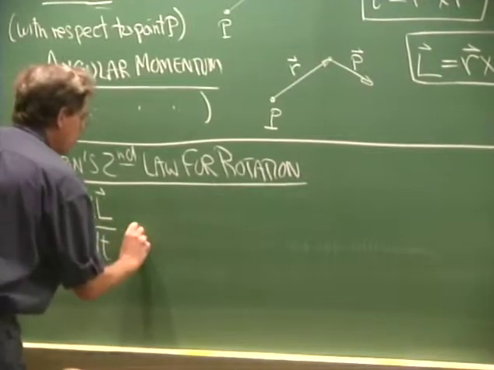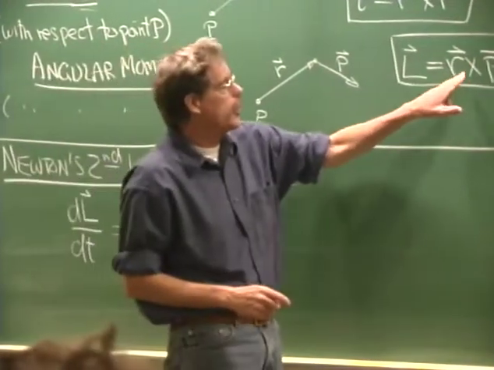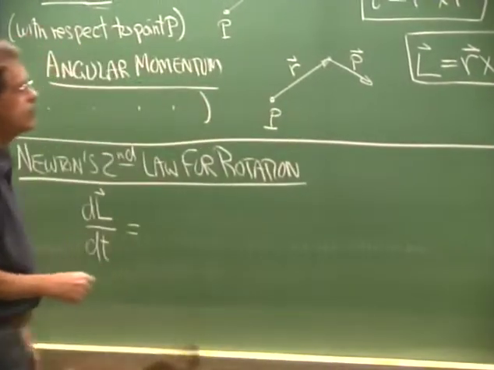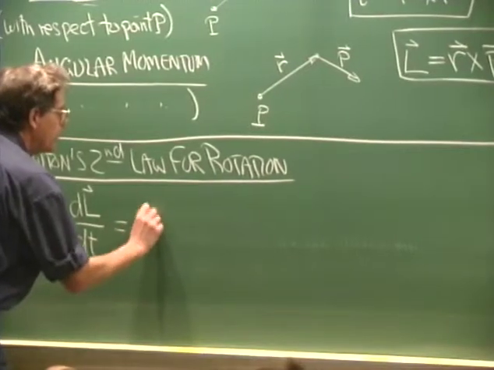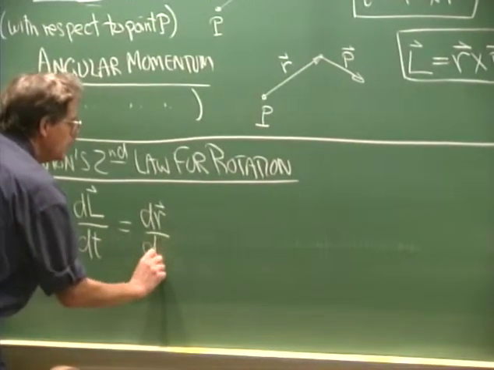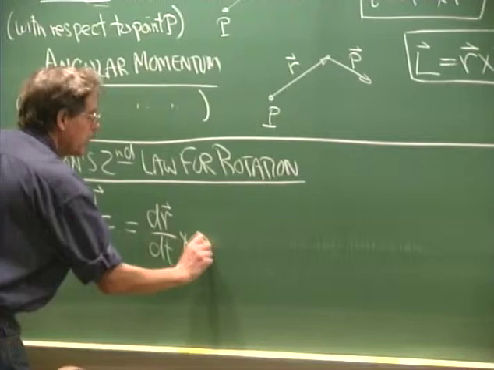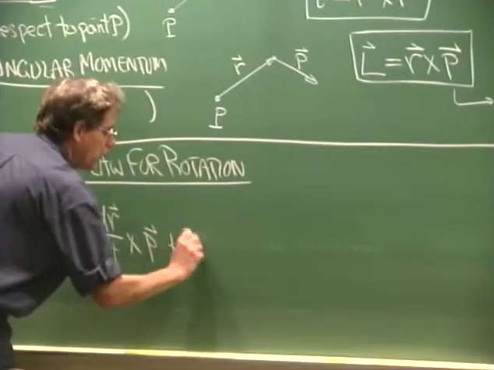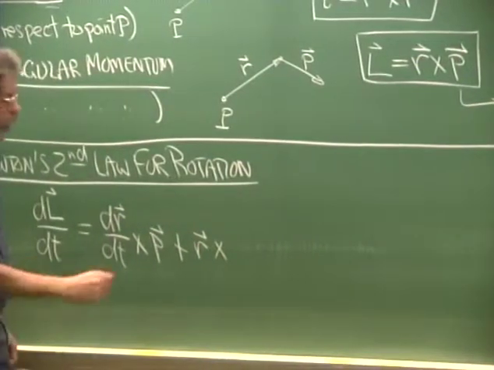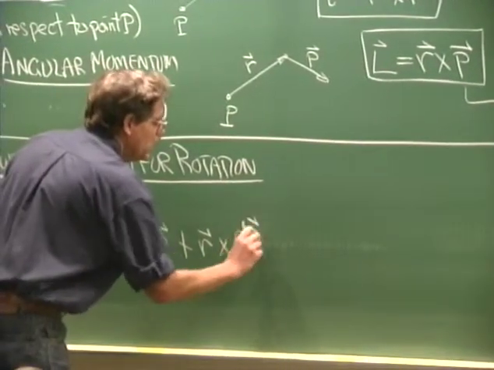What is that? Well, there are two terms in here. There's an r and a p, so I need to use the product rule for calculating the derivatives. First, the derivative of the first one, dr by dt, crossed into the second one, plus the first one crossed into the derivative of the second one.